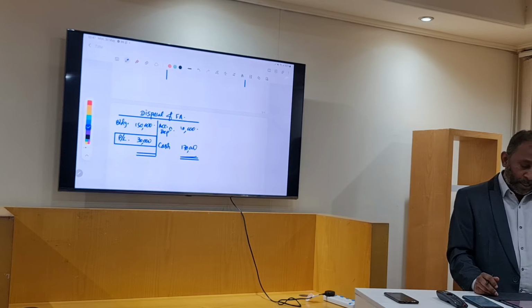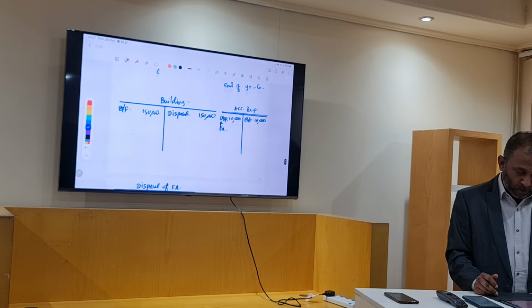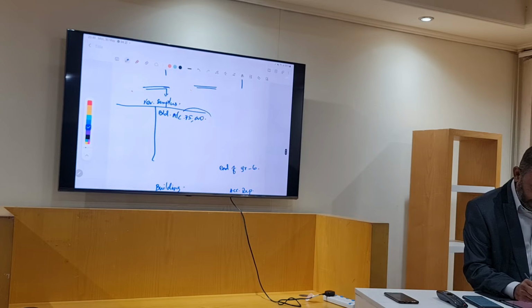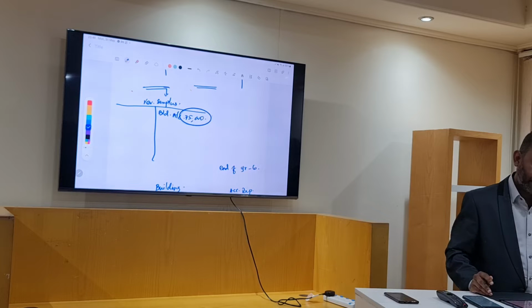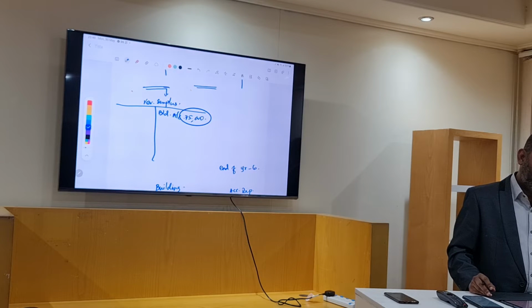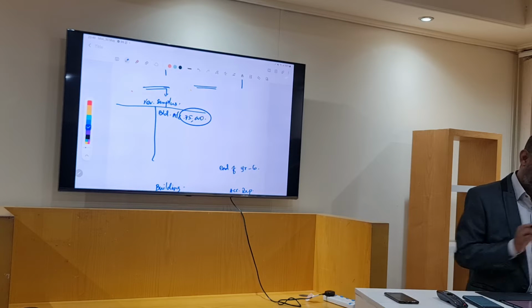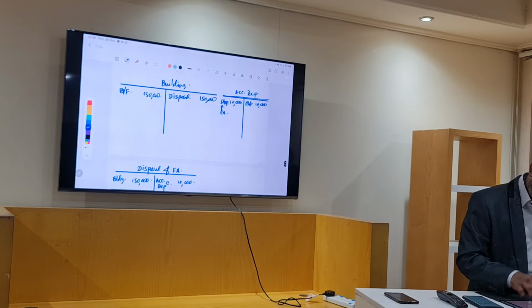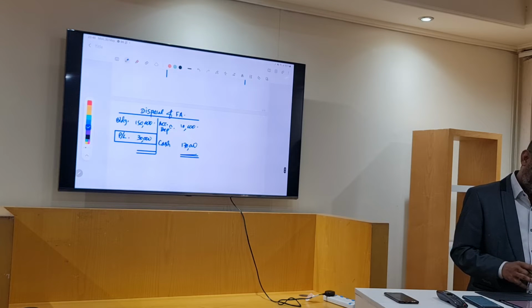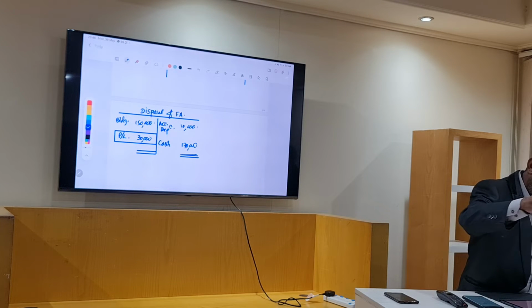Clear? But here one thing please understand, we already have something here. This is the revaluation surplus. This revaluation surplus is related to what? The asset, this building. Now after selling this building, can I keep that book value?